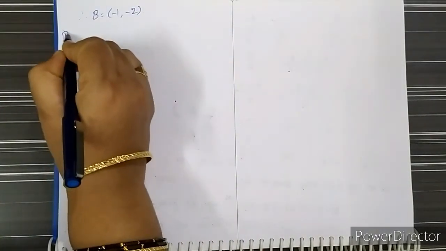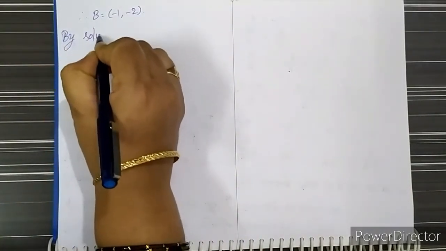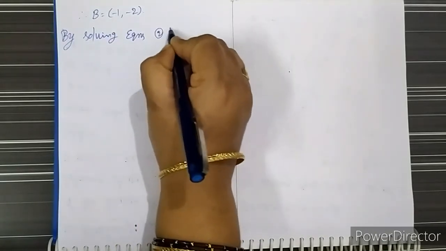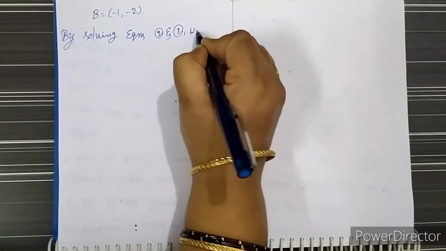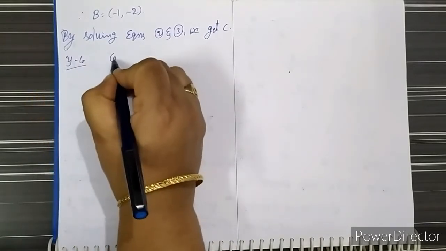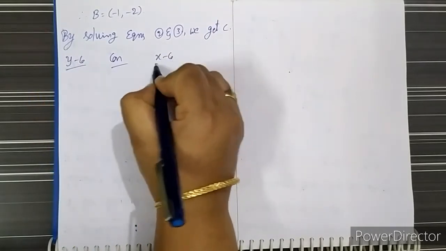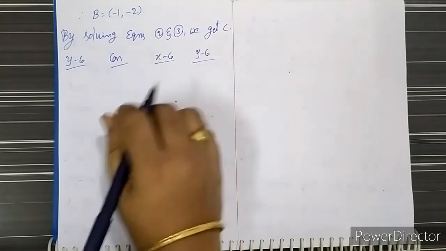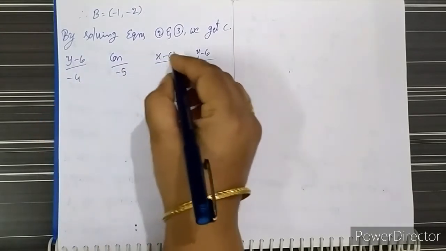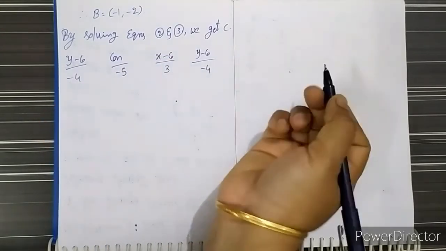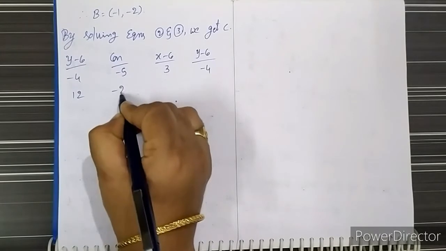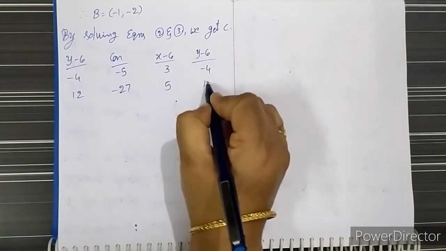Next again, by solving equations 2 and 3, we get the vertex C. Y coefficient, constant term, x coefficient, again y coefficient. In the second equation, the y coefficient is minus 4, constant term minus 5, x coefficient 3, y coefficient minus 4. Similarly, in the third equation, 12, minus 27, 5, 12.